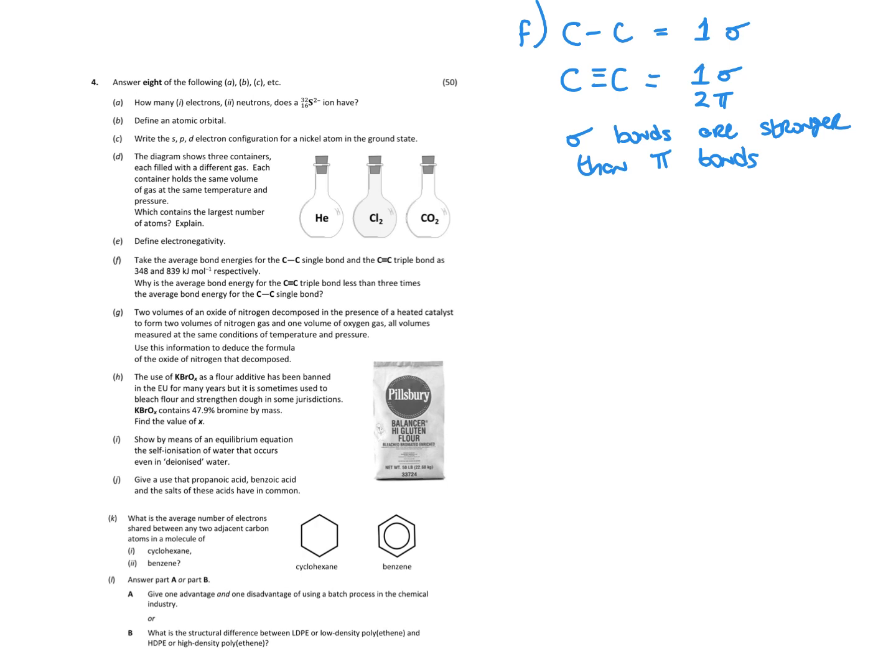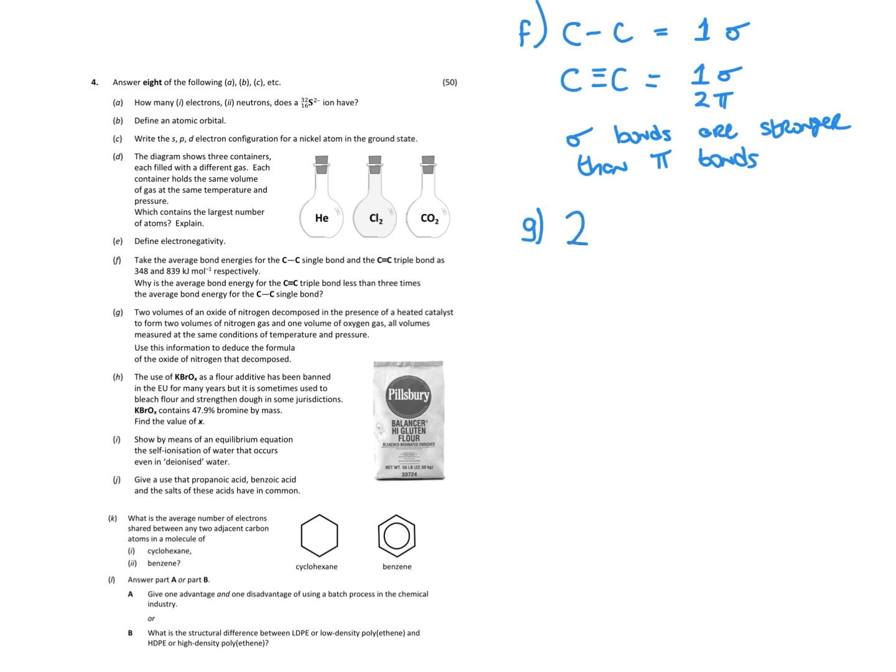So next we've got part G, and part G is asking you to deduce the formula of an oxide when you are given some information about volumes and how they decompose. First it says 2 volumes of an oxide of nitrogen decomposed in the presence of a heated catalyst.